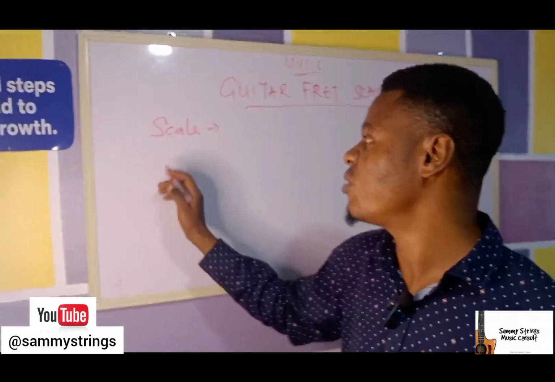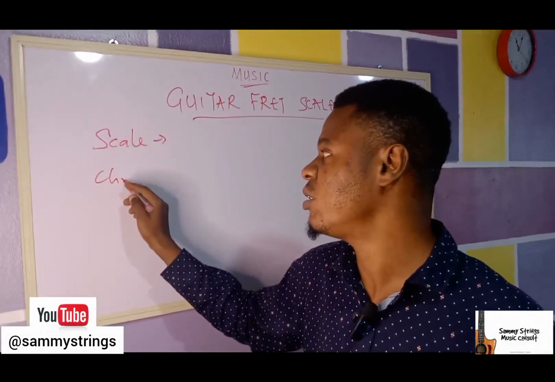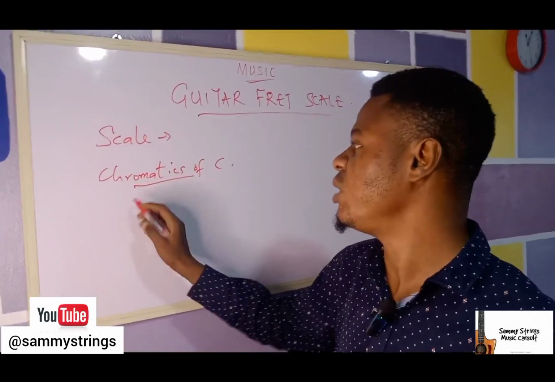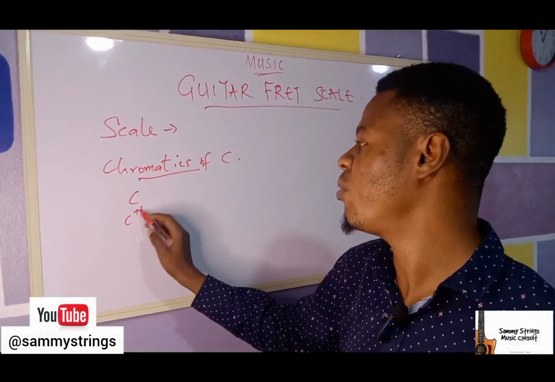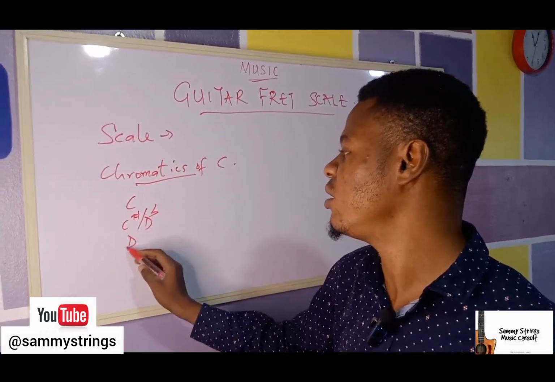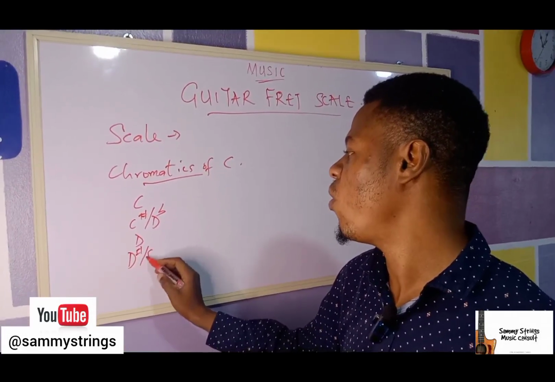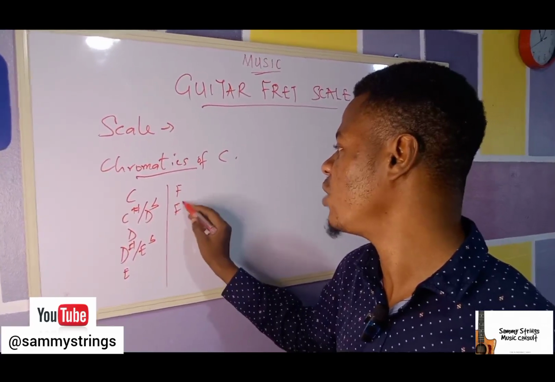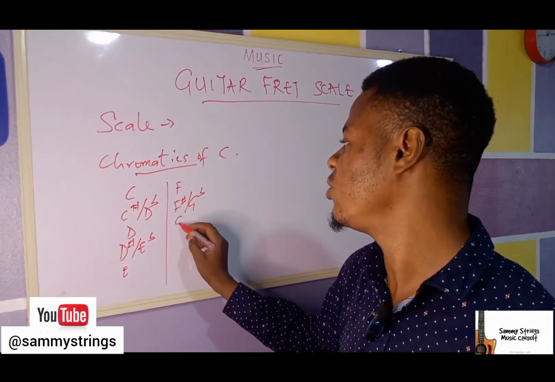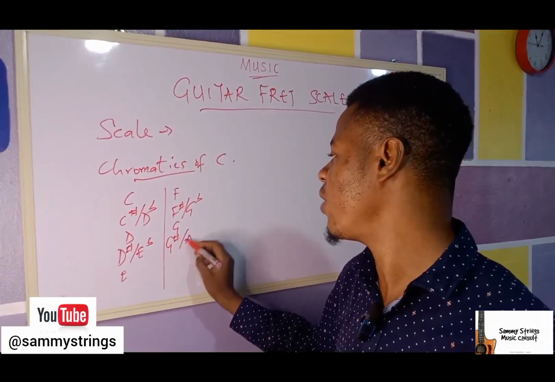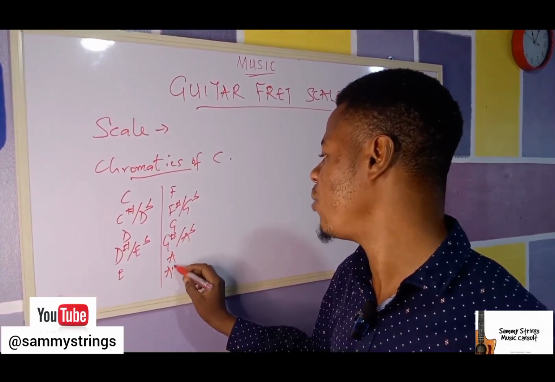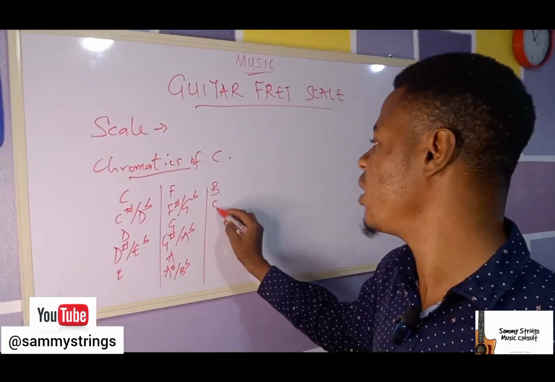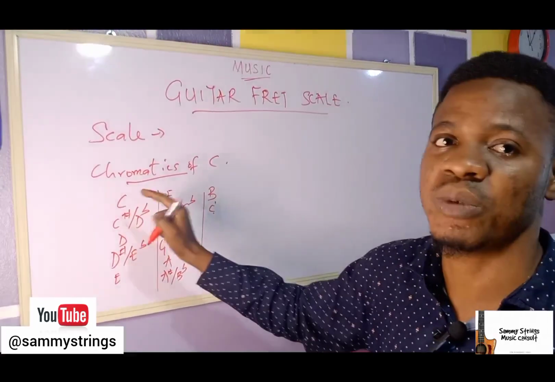So that is scale, talking about chromatics of C, to be C, C sharp or D flat, D, D sharp or E flat, E. We have F, F sharp or G flat, G, G sharp or A flat, A sharp or B flat, then B, then lastly we have the C that forms another octave of the same key that we started with.